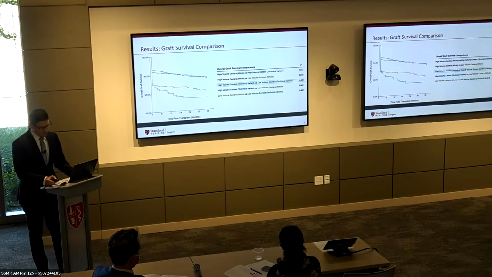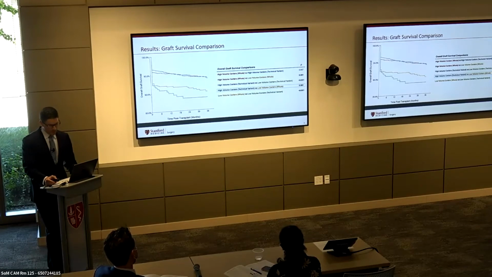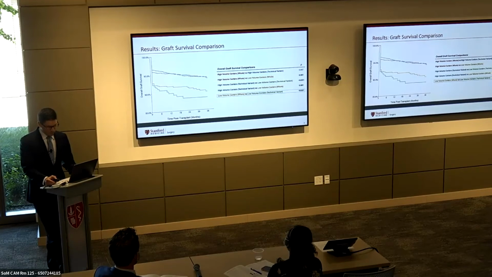Similarly, technical variant grafts at high volume centers also demonstrated significantly improved graft survival compared to low volume centers. Interestingly, technical variant grafts at high volume centers also demonstrated significantly improved graft survival compared to whole grafts at low volume centers. And at low volume centers, whole grafts had improved graft survival compared to technical variant grafts.